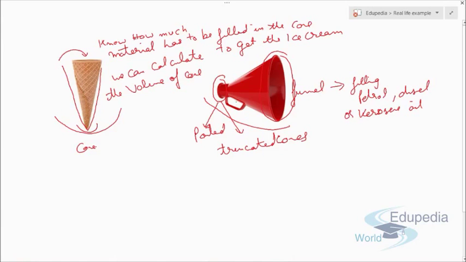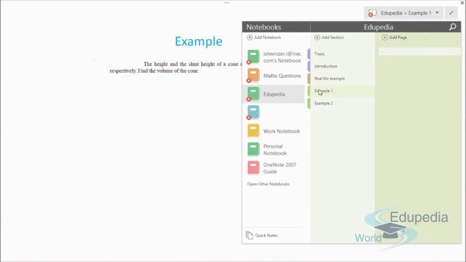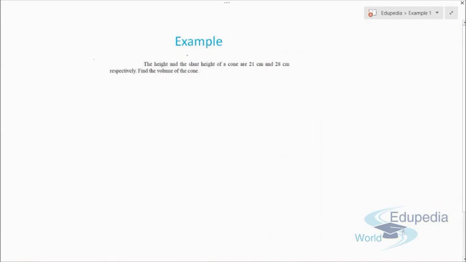However, my point is, if you know how to calculate the volume of this truncated cone or the complete cone, then you can exactly know how much petrol or diesel can pass through this funnel, right? So this is the importance of knowing the volume of a cone, right? So let's do some examples which can help you understand the concepts better.